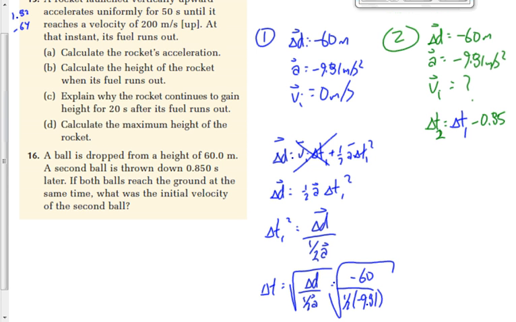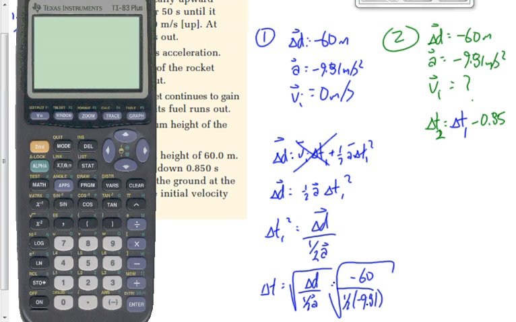Square root that. Let's get this as a class here. Say negative 60 divided by brackets 0.5 times negative 9.81. And let's square root that. 3.4975.